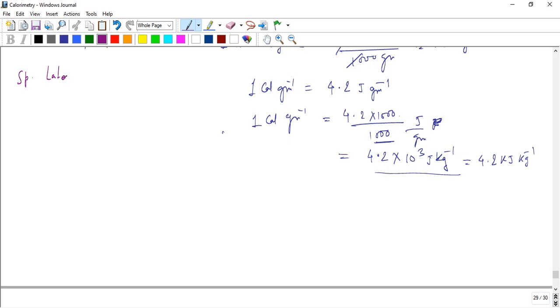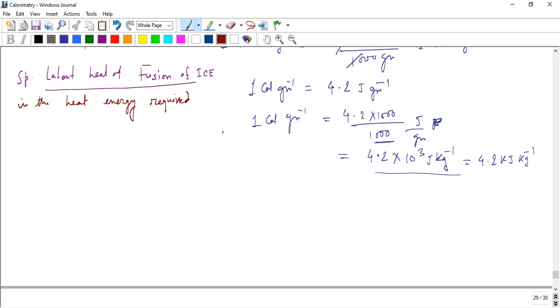It is defined like this: the heat energy required to melt unit mass of ice at 0 degree centigrade to water at 0 degree centigrade.